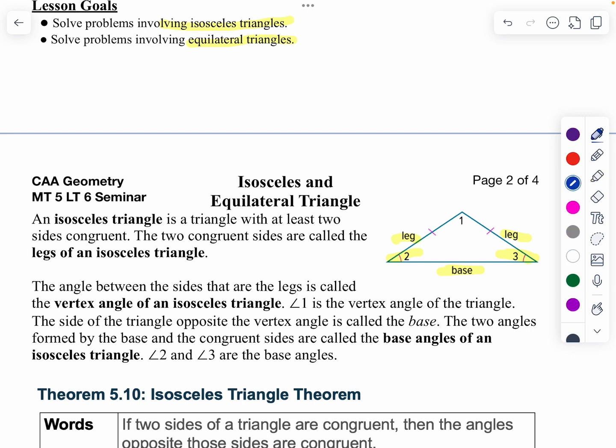They lie along the side of the base, so we call those base angles. Just highlight them right here. And then the angle that is different is called your vertex angle. So you have base and legs.